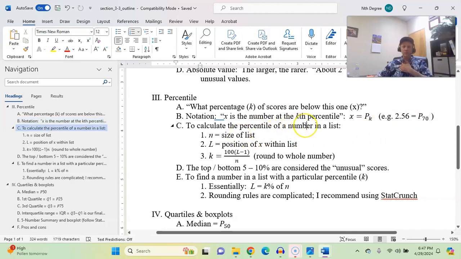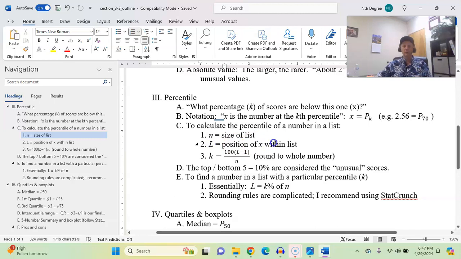So we can calculate the percentile of a number if we're given a list. We use the letter n to represent the size of that list. For example, if we have a list with 50 students in it, we would use n equals 50 in that formula. And maybe our particular student is the 36th number in that list when they're ordered from smallest to largest.